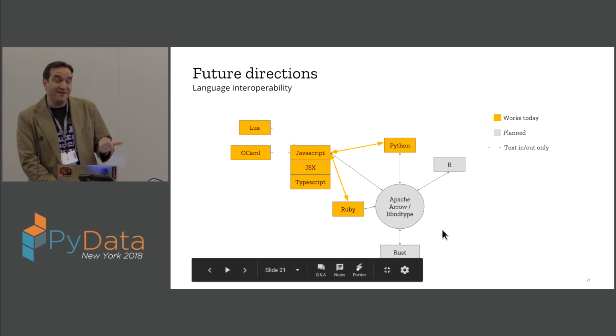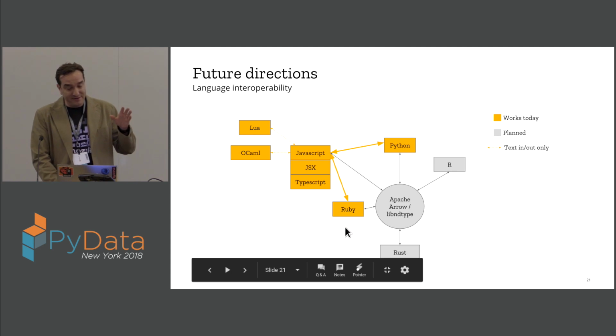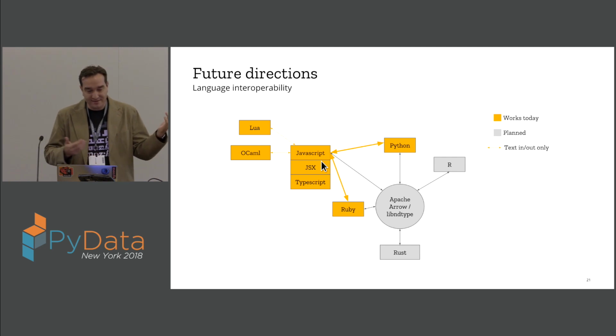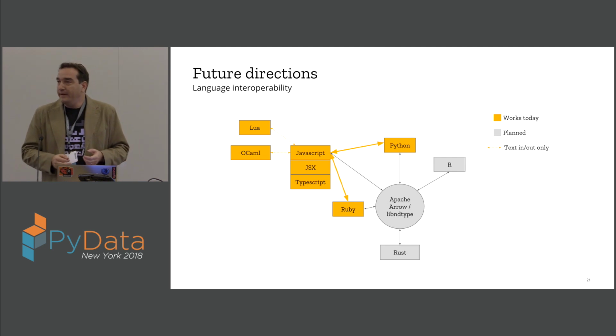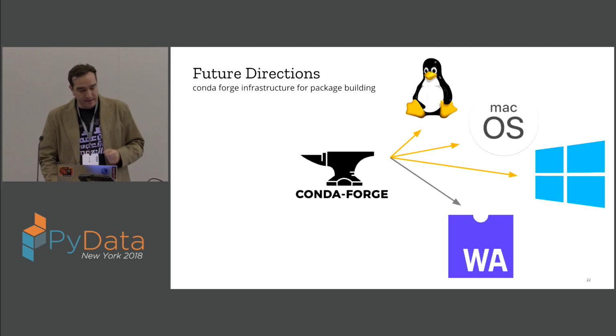But already we have a few other languages, not just Python. Outside contributors have given us Ruby, OCaml, Lua. These JavaScript-related languages are obviously really easy. So we have JSX from React and TypeScript. So it's growing already into kind of an ecosystem here.